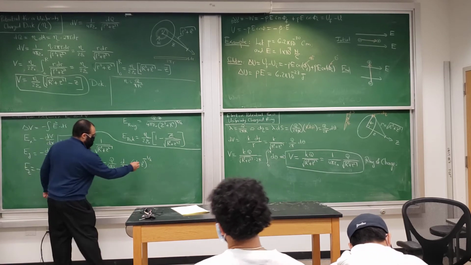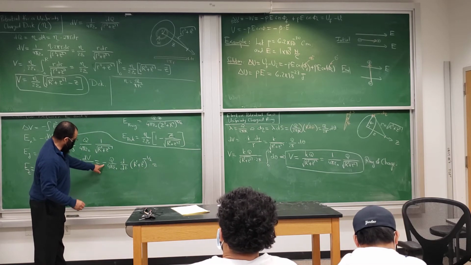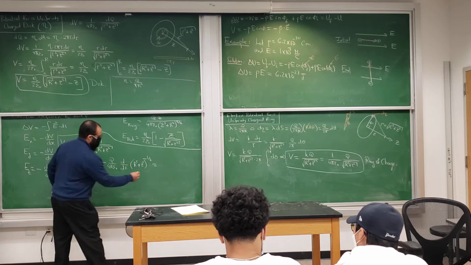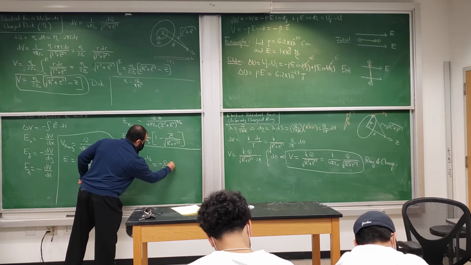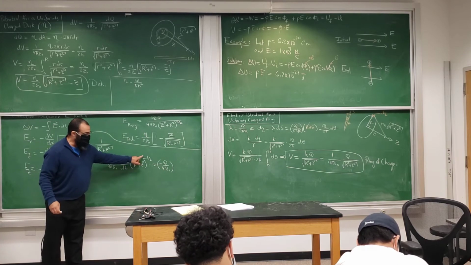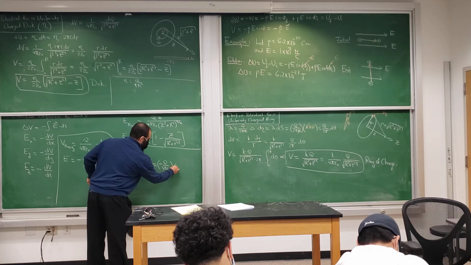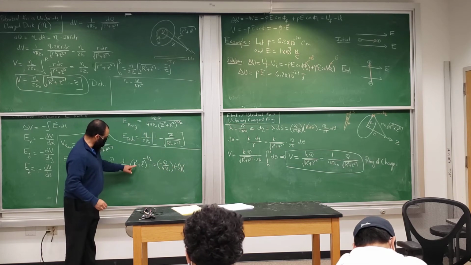And when you take the derivative of something to the minus 1/2, let me leave my negative q over 4 pi epsilon naught out there. And then let's take this derivative. The minus 1/2 comes down, and then you multiply by r squared plus z squared.